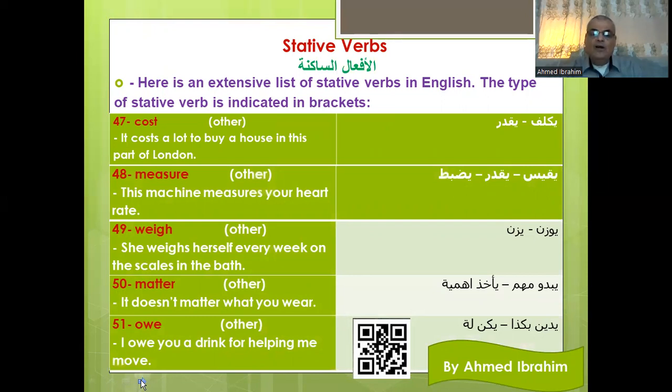Weigh. She weighs herself every week on the scales. Matter. It doesn't matter what you wear. Owe. I owe you a drink for helping me move.